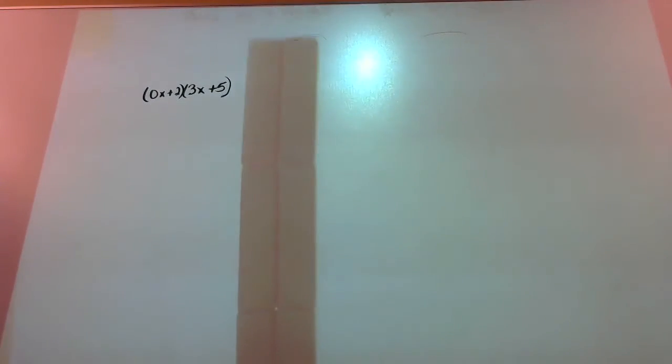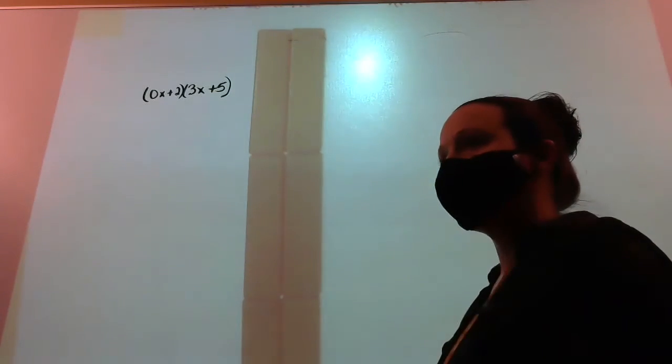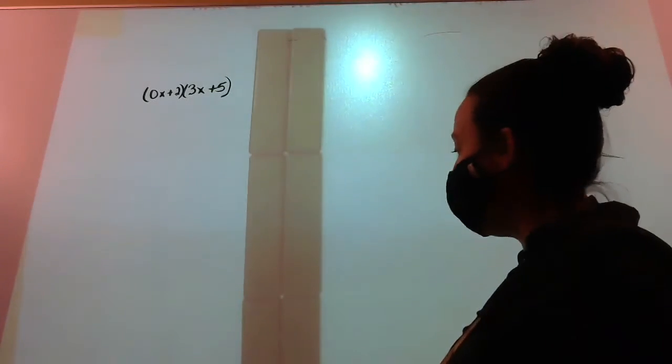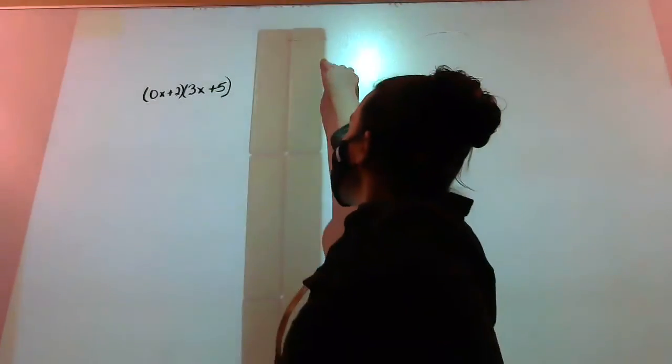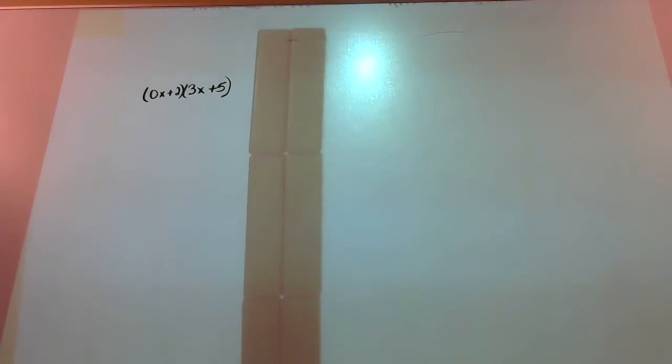So I want you to think about, I'm going to make it look like this. So I know I have a base of 0 x's, but I've got a base of 2. So now I have to do a height of 1, 2, 3x, but am I done? What has to go on the very top of my lovely tower here? 5, yeah, I've got to do groups, 2 groups of 5 here.